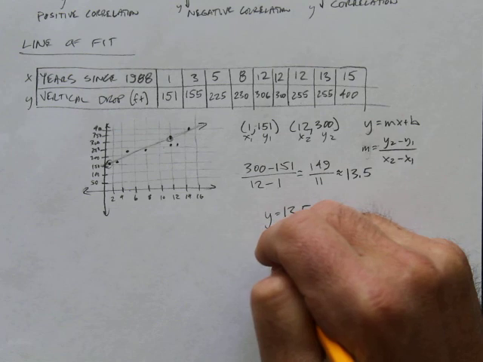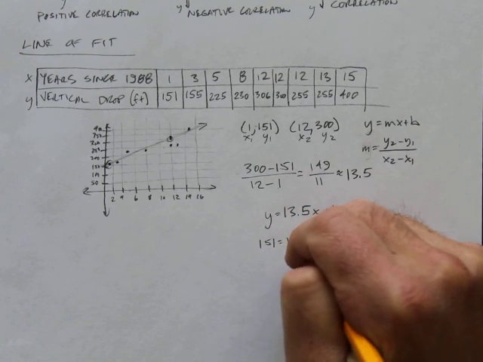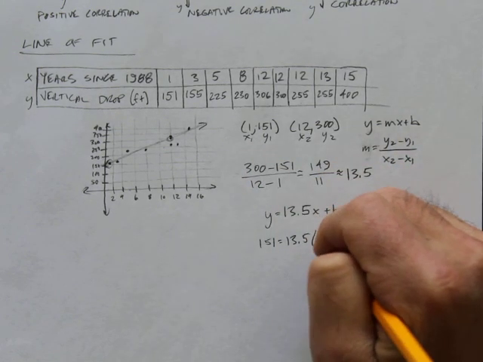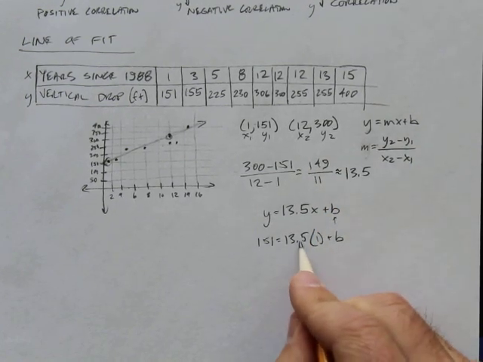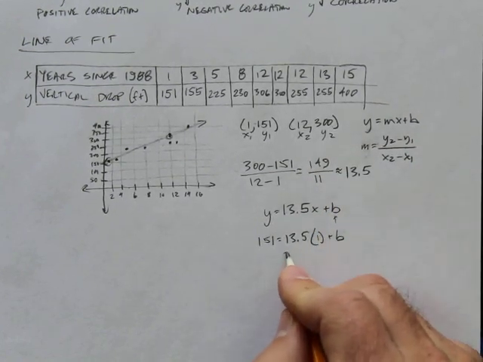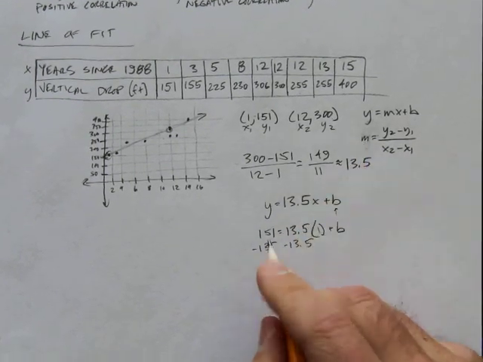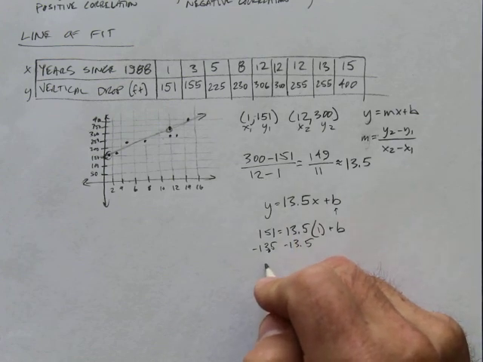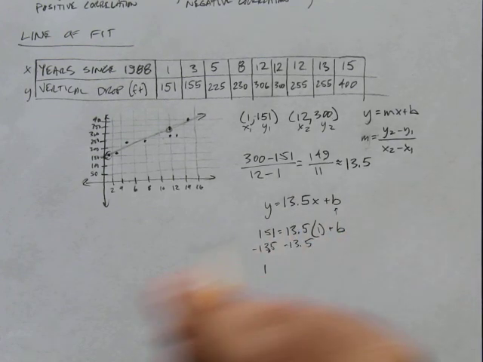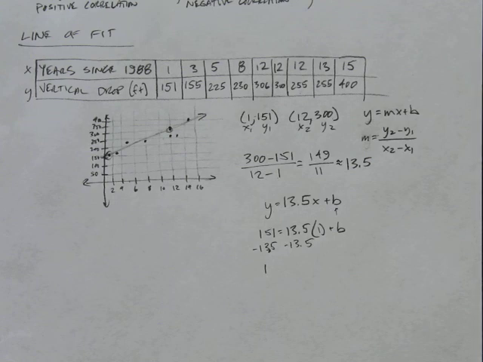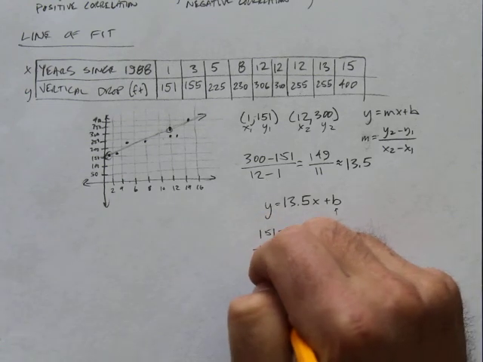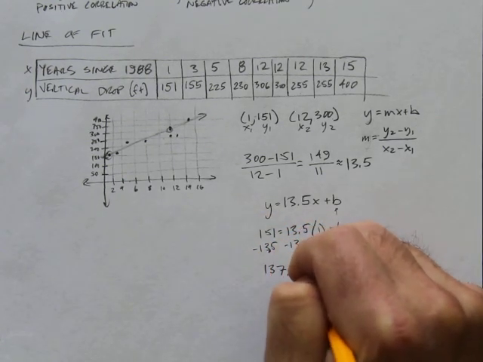So y is 151 equals 13.5 times my x value, which is 1, plus b. 13.5 times 1 is just 13.5, so I'm going to subtract 13.5 from each side. 151 minus 13.5, I'm having trouble doing that right now in my head, 137.5 equals b.